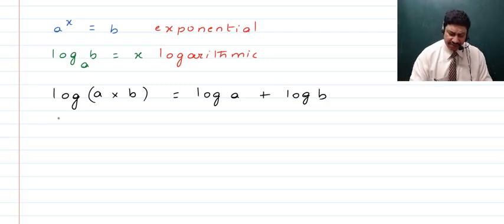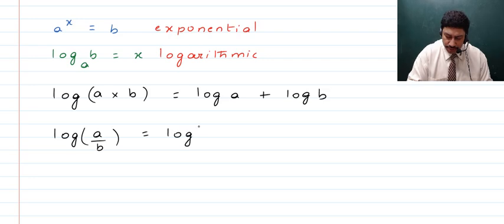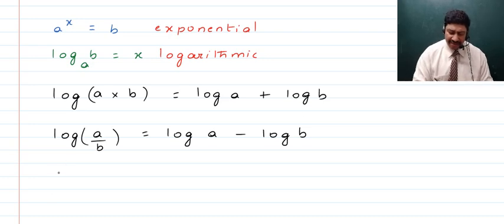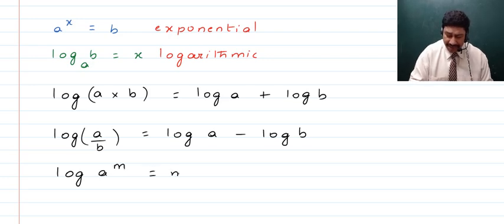Now after this, if we have some log of a divided by b, then this is going to become equal to log of a minus log of b. After this, we have another rule which tells us that if we have log of a raised to the power m, then that will become m times log of a.